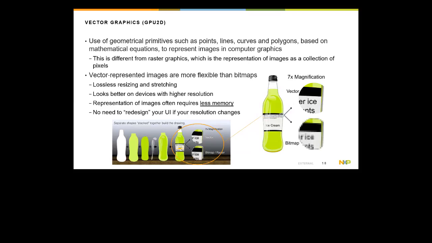And it means that we are able to have lossless resizing and stretching. So for example, if you're displaying some kind of graph or chart to a user, they can zoom in and zoom out as needed, which is kind of an eye to accessibility in terms of what they are capable of.